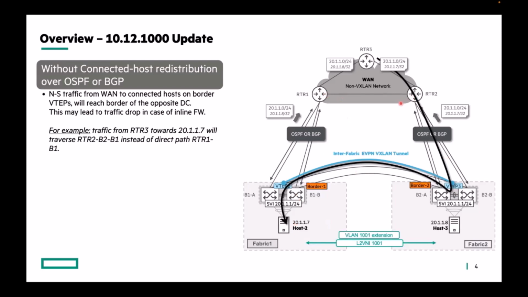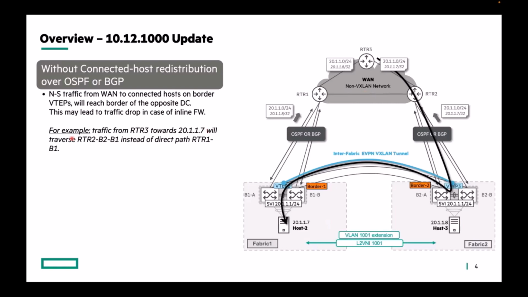Ideally, a very basic requirement would be that you should reach your host 2, for example, via router 1 from router 3, and then directly to its own border VTEP rather than the other site's border VTEP and then to the host. This is what is happening today, and you also have learned the other hosts from the second DC into site 1 via EVPN, and hence the confusion in the non-VXLAN network.